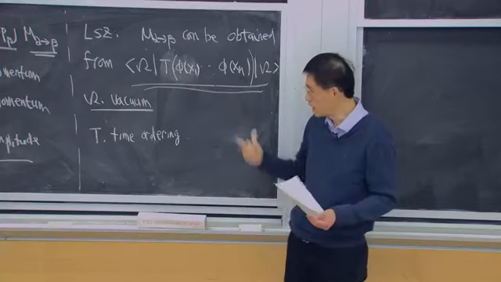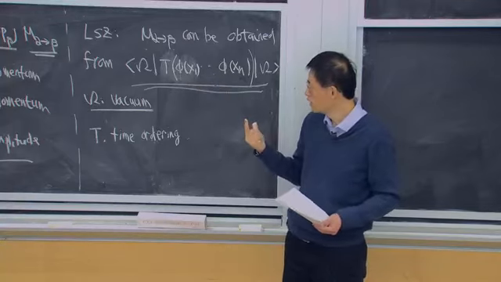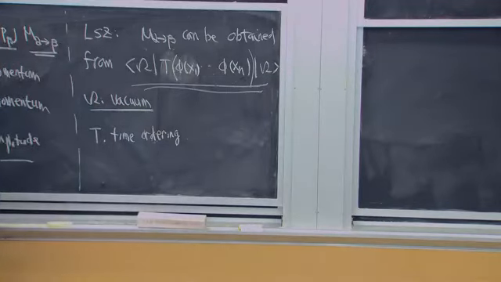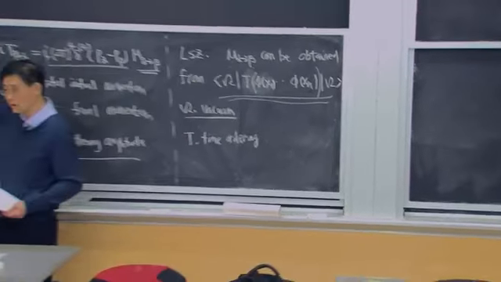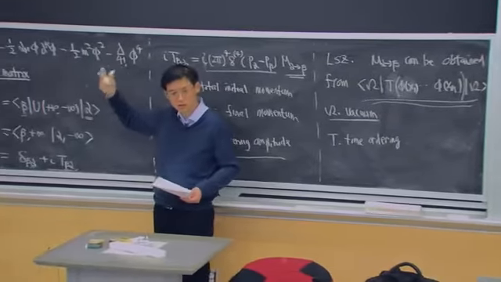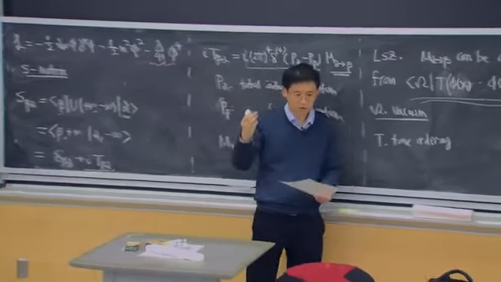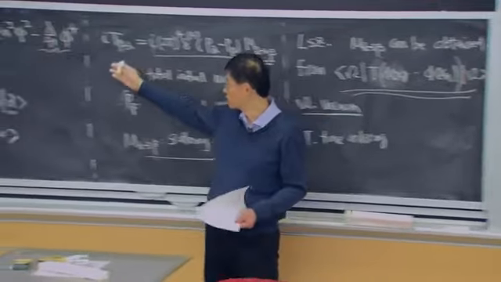We mentioned last time this theory cannot be solved exactly, and the only way we can treat it is to take lambda small and treat this as a small perturbation, and then expand all your physical quantities in power series of lambda.